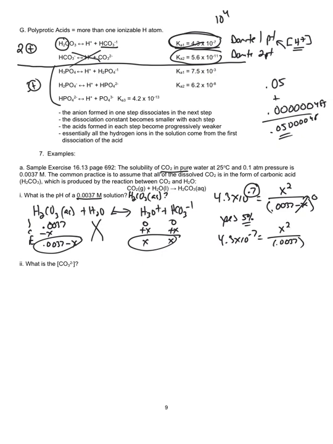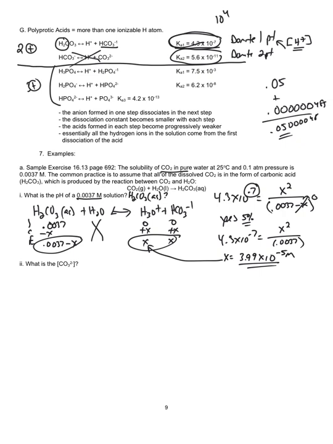All right, so let's go ahead and do the math here. I get an x value, which is 3.99 times 10 to the negative 5th molar. So that is the amount of H3O+ that is produced by the first dissociation.